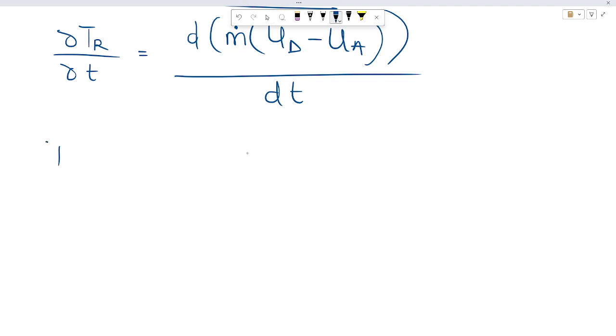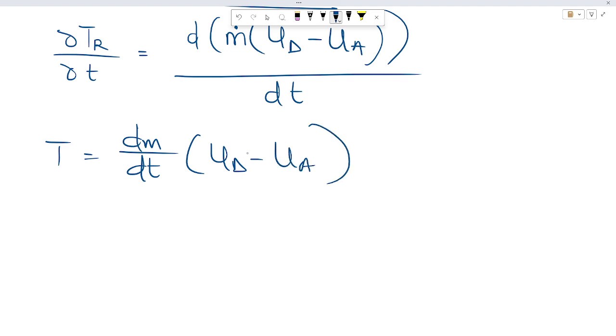So therefore, the thrust equals dm/dt times UD minus UA, which equals the mass flow rate times UD minus UA.